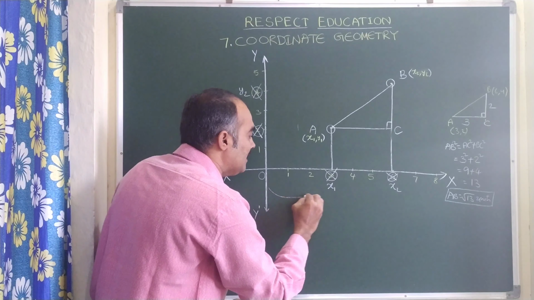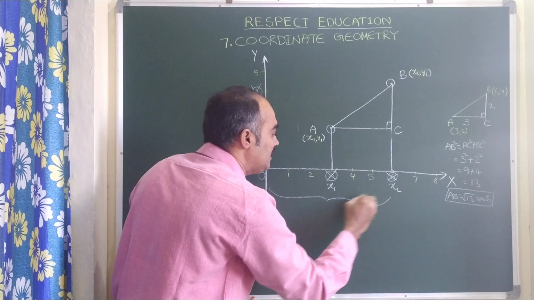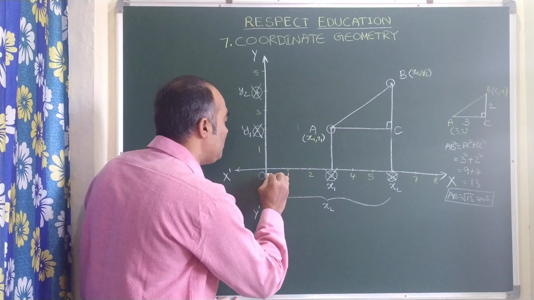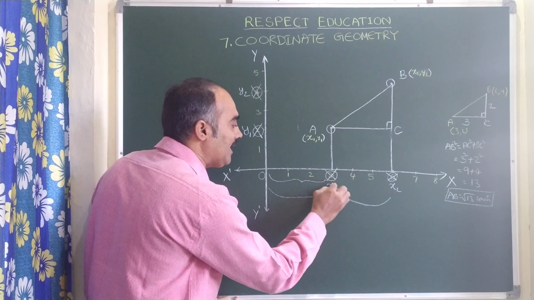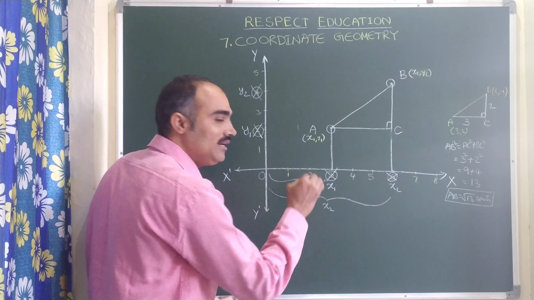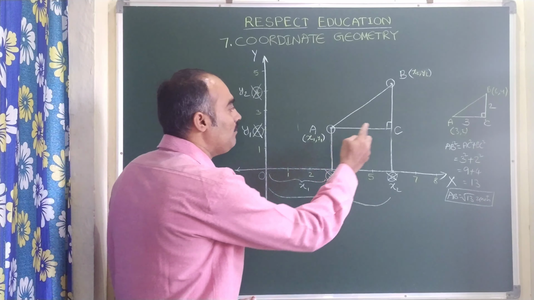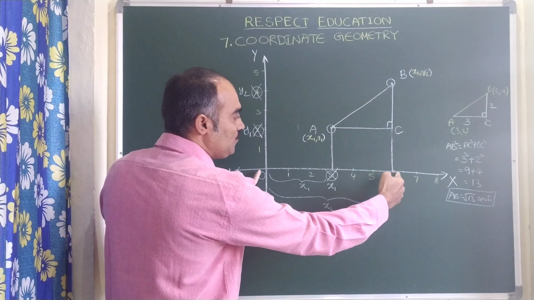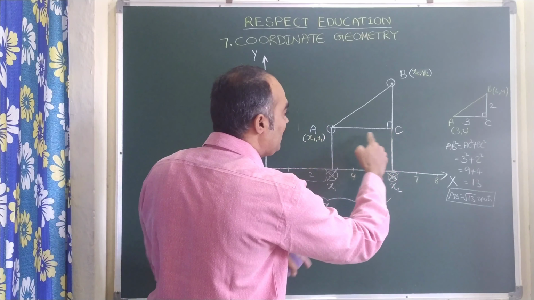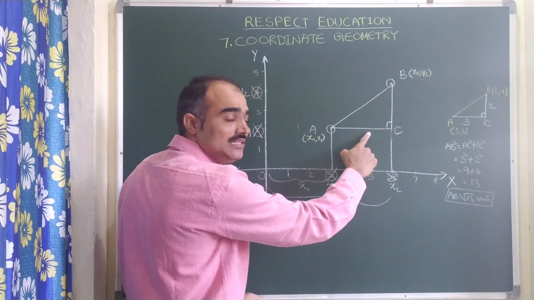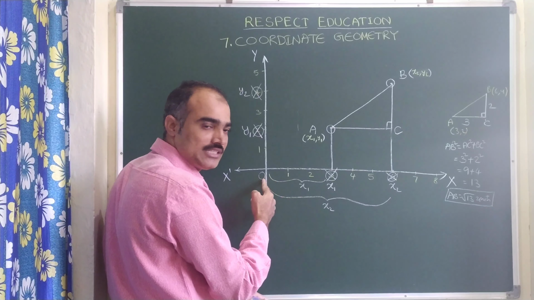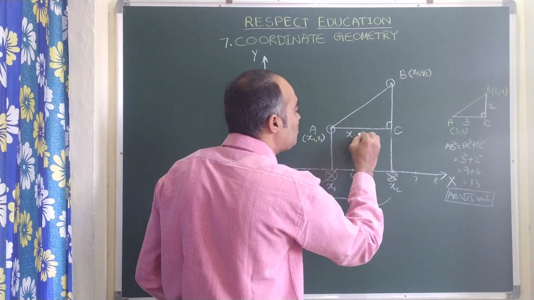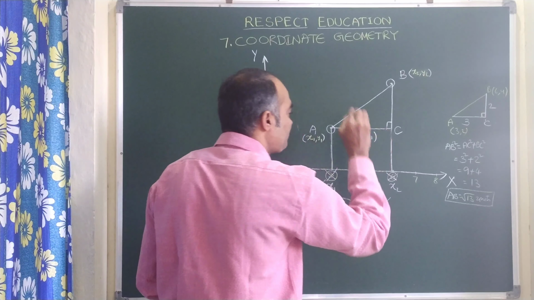Clear? OA, O to A, this is x1. Now can you tell me what is the distance between A and C? See here, this full value is x2, this value is x1, then this portion gives us the bigger value x2 minus the smaller value x1. This indicates x2 minus x1.